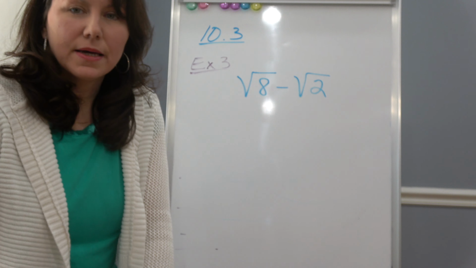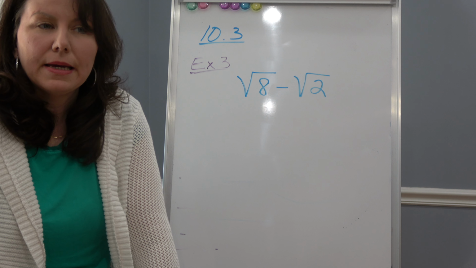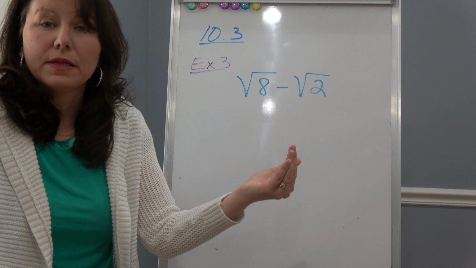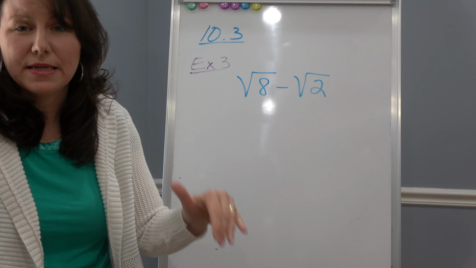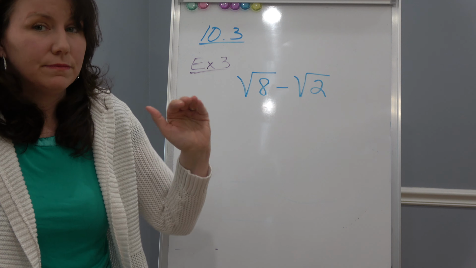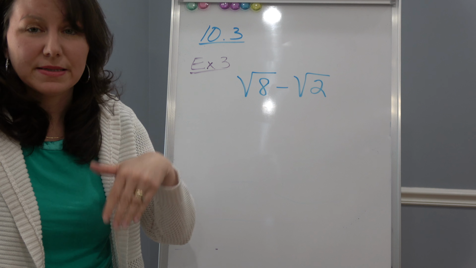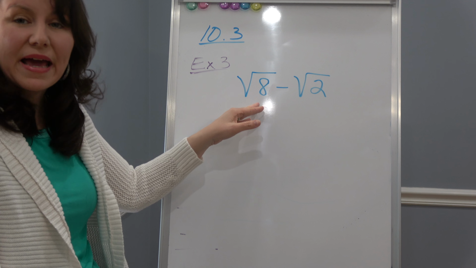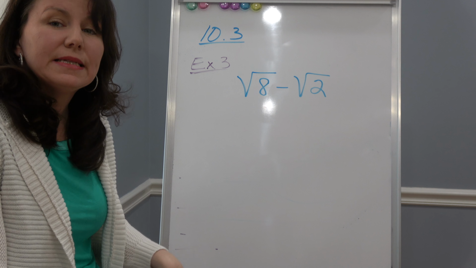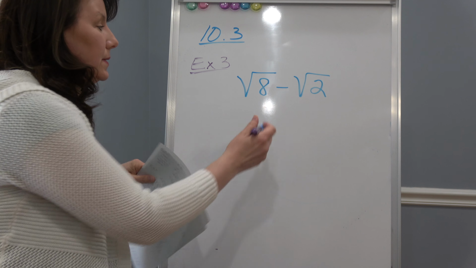All right? That's not the same. Okay. Check it out on your calculator. Do the square root of 8 minus the square root of 2. You're going to get a decimal minus a decimal. And then do the square root of 6, it's not going to be the same value, okay? So the square root of 8, you would need to break that down like we did in the last section.